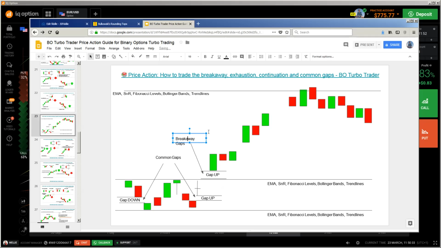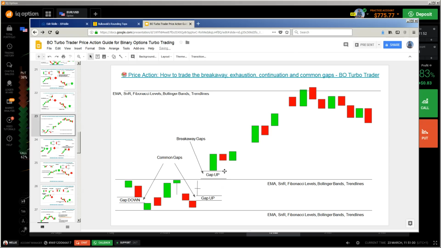Breakaway gaps are those which come after a breakout of a trend channel, the Bollinger Bands, or every kind of support and resistance area, trend lines, Fibonacci level.